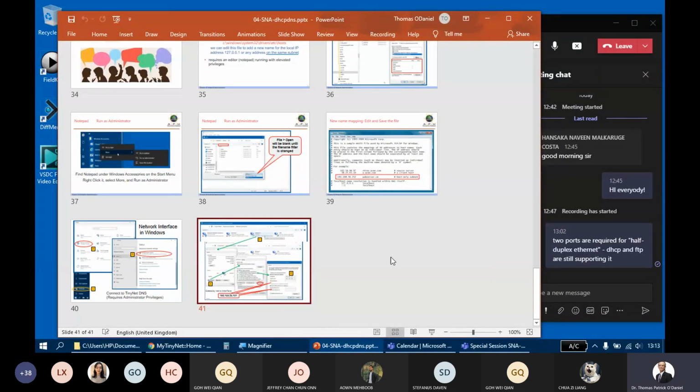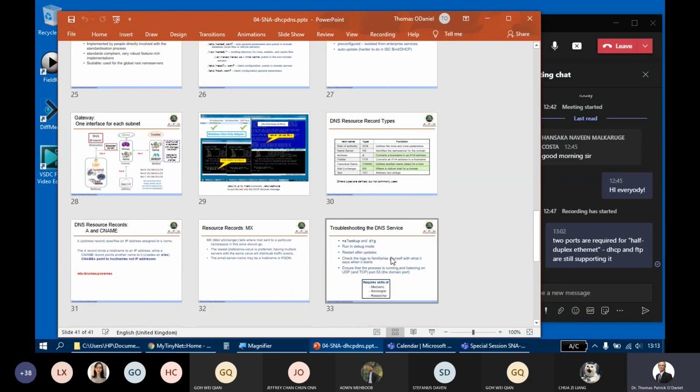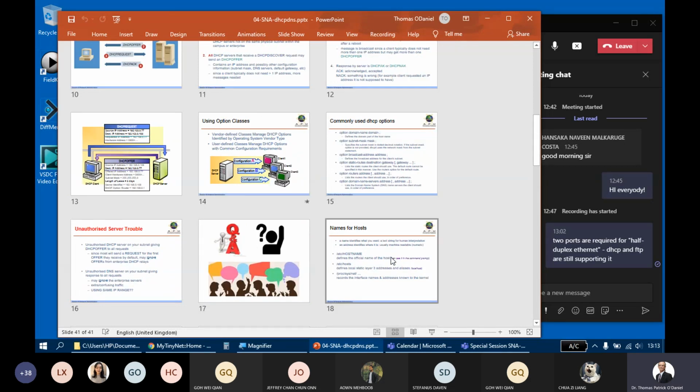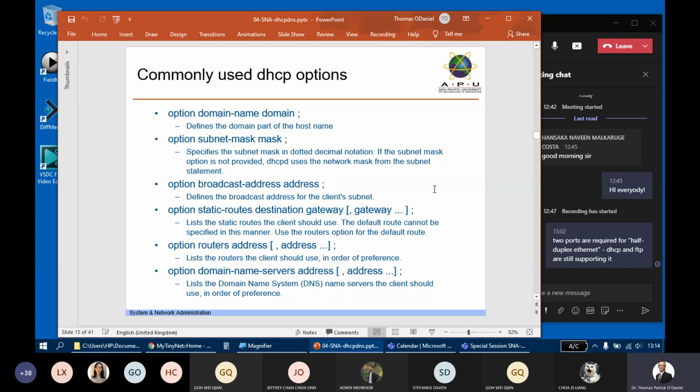And again, this is core network, and it works the same way in Windows as it works in Linux. All right, the DHCP options carry all of that extra information.